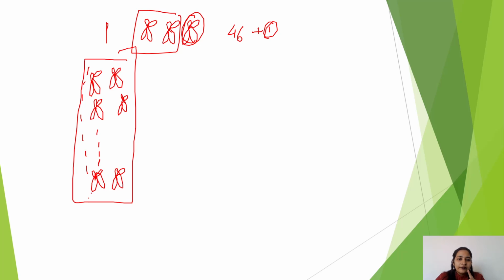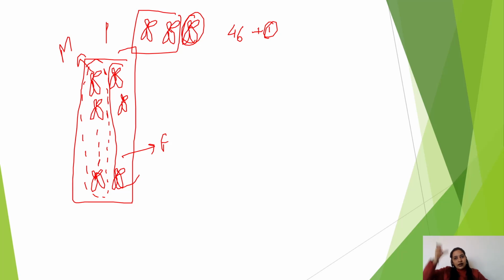I am explaining it again in this video. 23 chromosomes from mother and 23 from father. This 23 comes from mother, this is one ploid. Another 23 chromosomes come from father and this is another ploid. So two ploid, that means diploid.